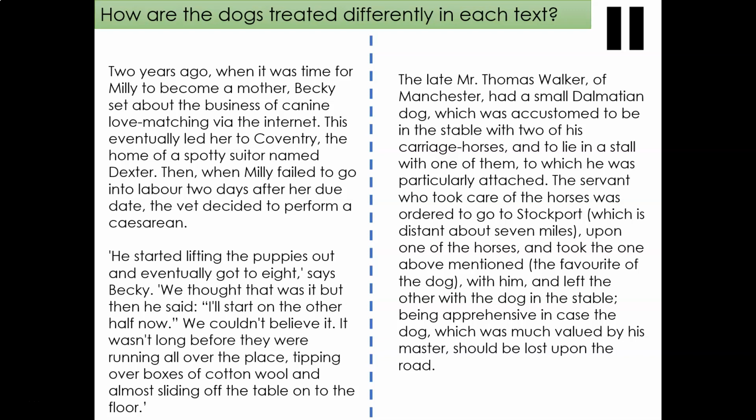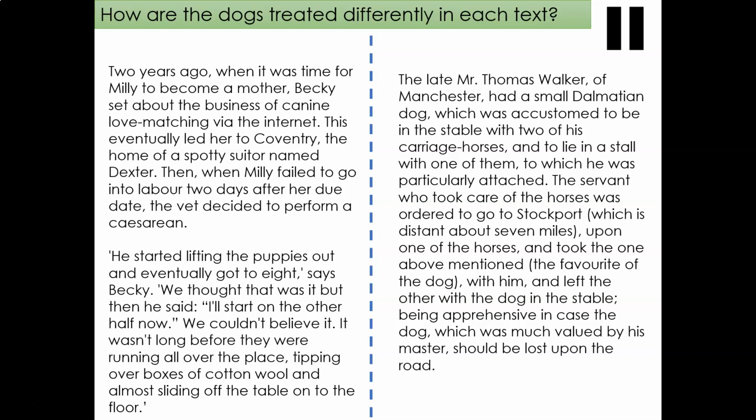2 years ago, when it was time for Millie to become a mother, Becky set about the business of canine love matching via the internet. This eventually led her to Coventry, the home of a spotty suitor named Dexter. Then, when Millie failed to go into labour 2 days after her due date, the vet decided to perform a caesarean.